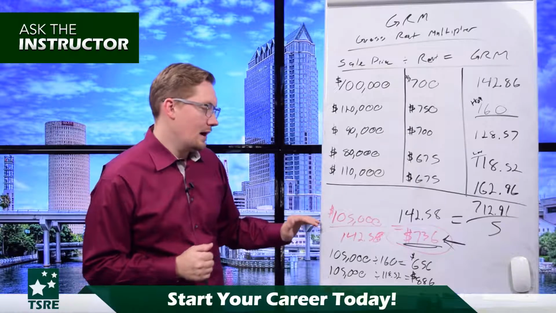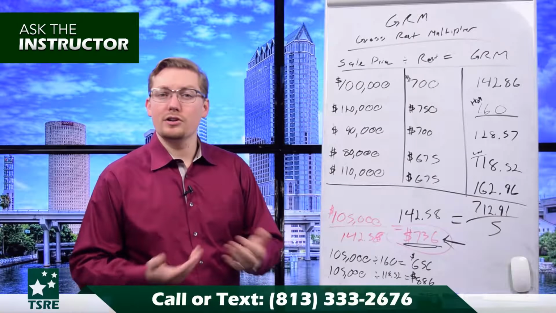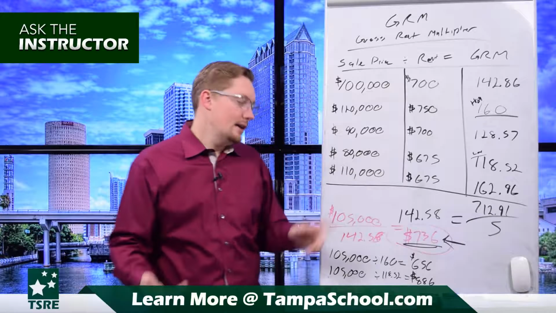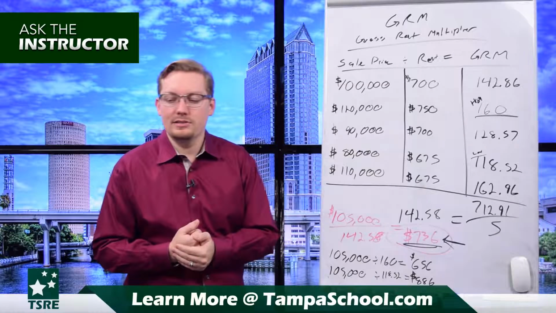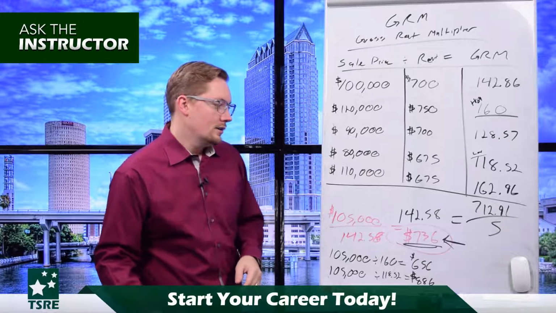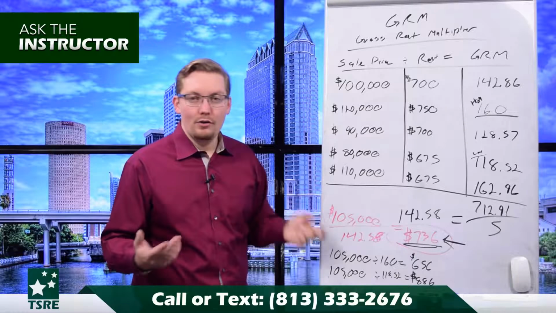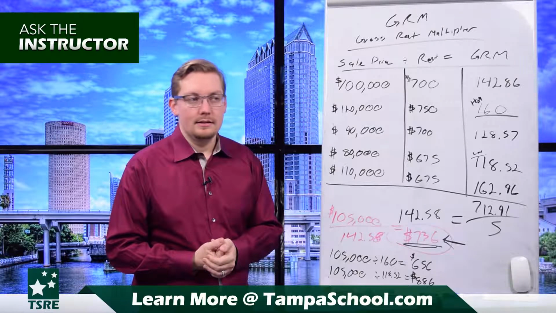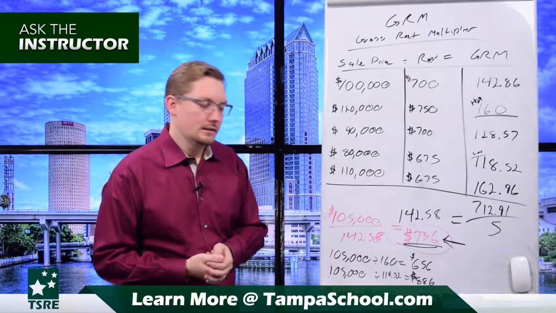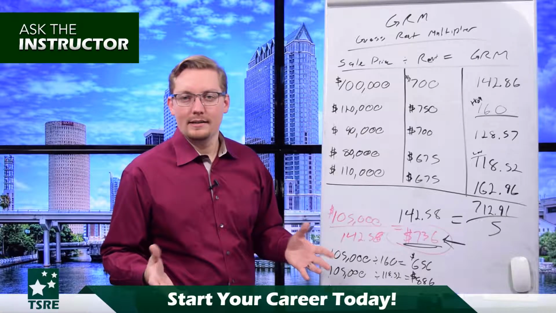If you're negotiating with them, they might try to justify that and say, well, this property here is sold for $110,000 and that's renting for $675 as well. So you're getting a deal here because you're getting the same dollar amount of rent for a lower sale price. And you look at that and you're like, wow, I guess that is a pretty good deal.